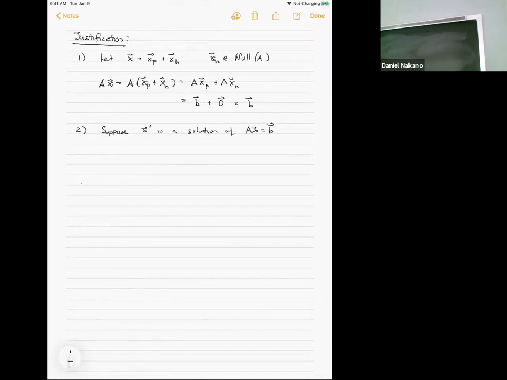Okay. So what I want to do is consider X prime minus this particular solution.